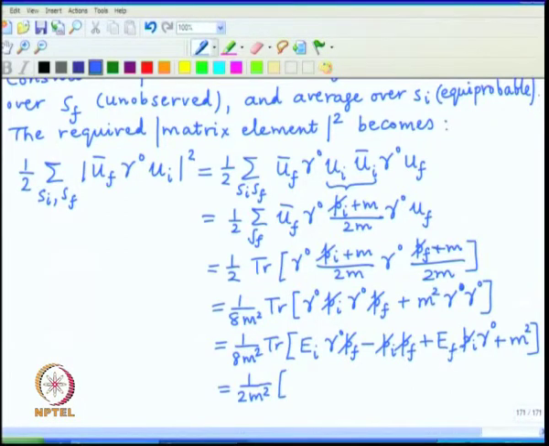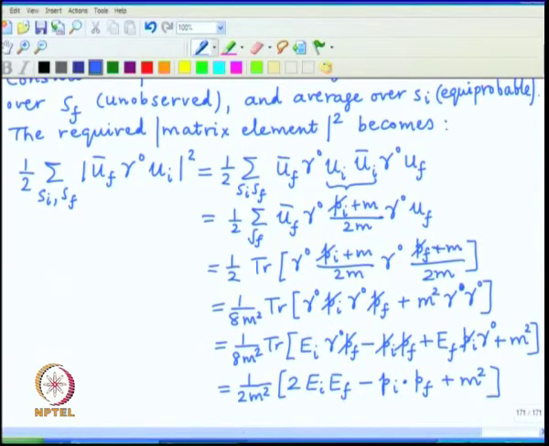The third term will give E_f times E_I, which is the same as the first term, and then m square is as it is. So, the net result is 2 E_I E_f minus p_I dotted with p_f plus m square, and this is the simplified form.